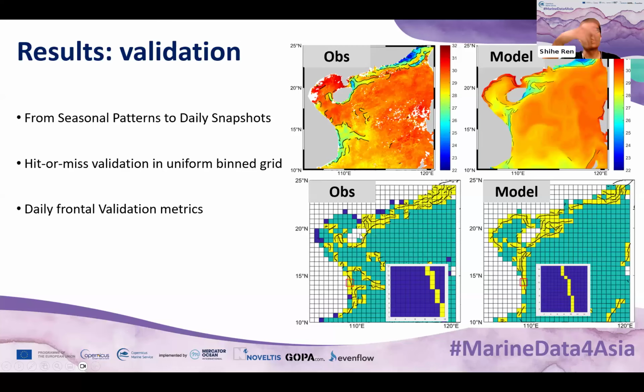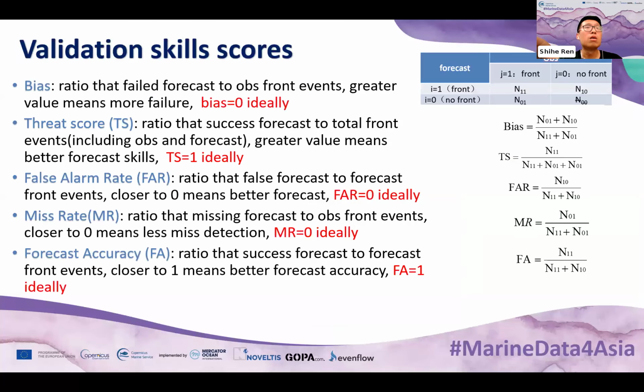We can then, in a uniform grid, compare whether a point is forecast or not forecast. And based on the results, we also build some metrics such as the bias and threat scores, false alarm rates, miss rate and forecast accuracy to quantify the validation skill scores.